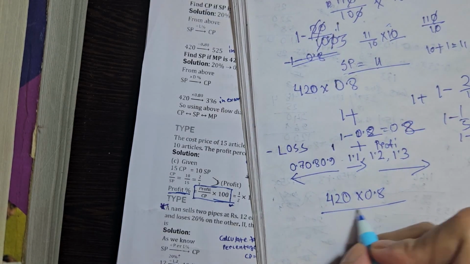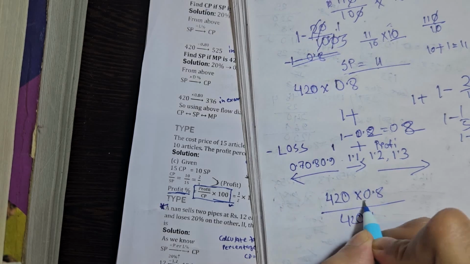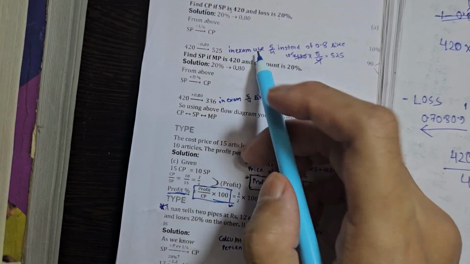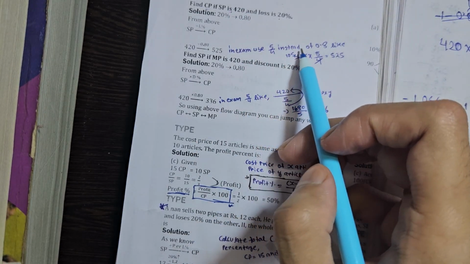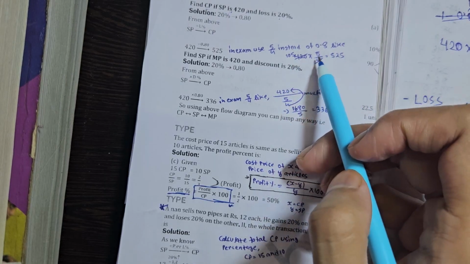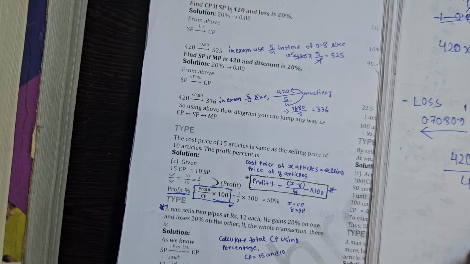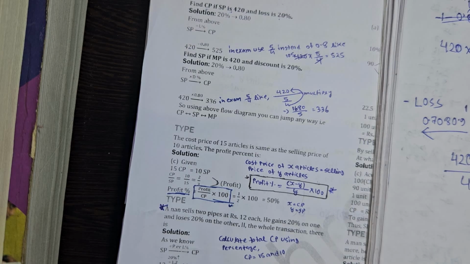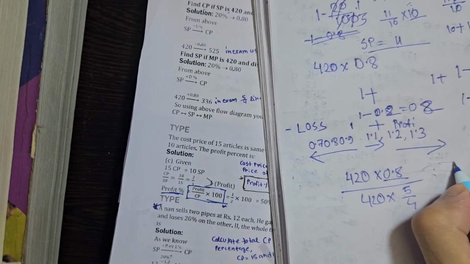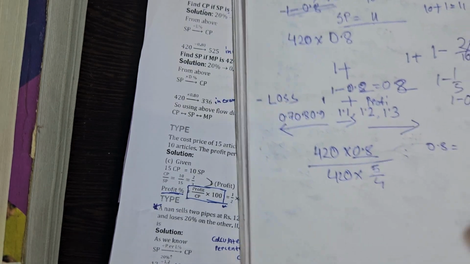We can write 0.8 in fraction form. In the exam, use 5 by 4 instead, like 420 times 5 by 4 equals 525. So 420 times 5 by 4, just see, we can write it this way, right?